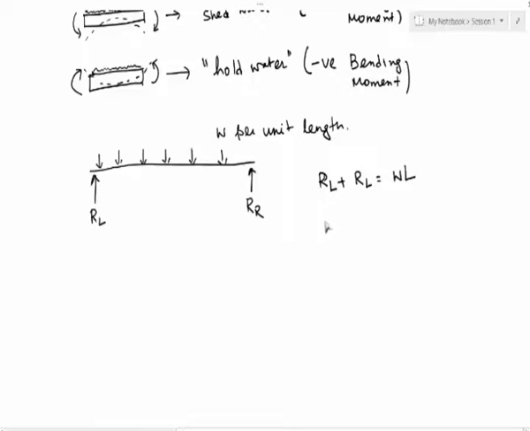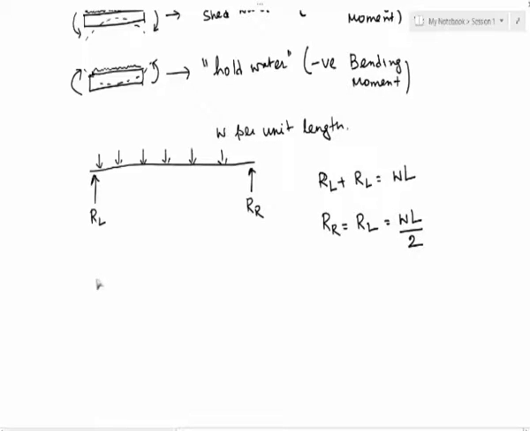I get W the reaction at R is equal to the reaction at L because it is symmetric. You can also verify from the moment diagram, and this will be WL by 2.